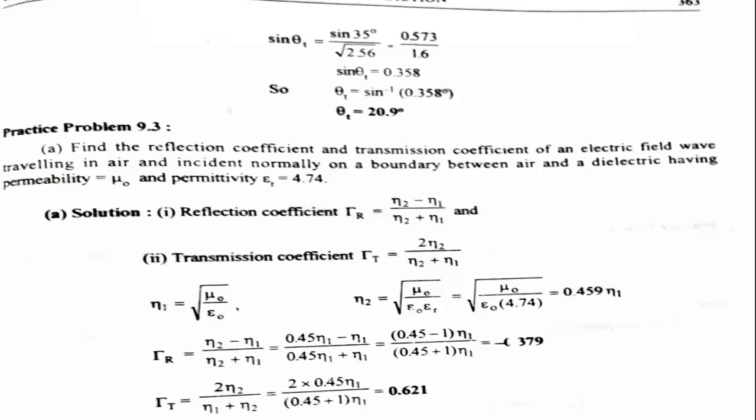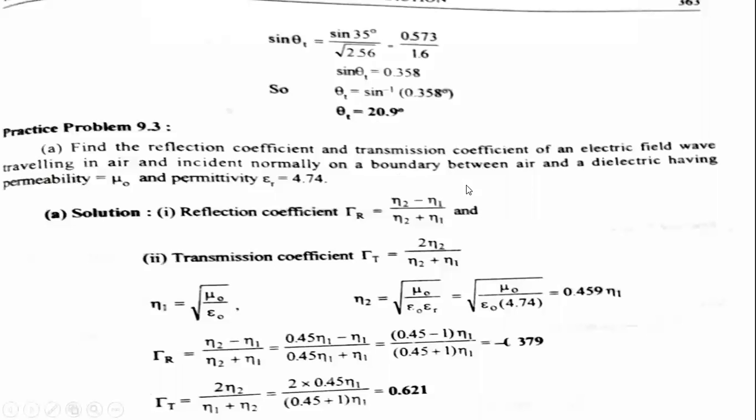Find the reflection coefficient and transmission coefficient of an electric field wave traveling in the air, incident normally on the boundary between the air and the dielectric having permeability mu 0 and epsilon r 4.74. So what do you need to calculate? The reflection coefficient, denoted by gamma r, and the transmission coefficient, denoted by gamma t.